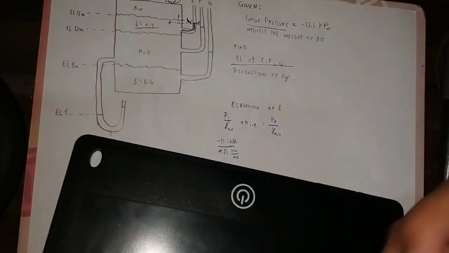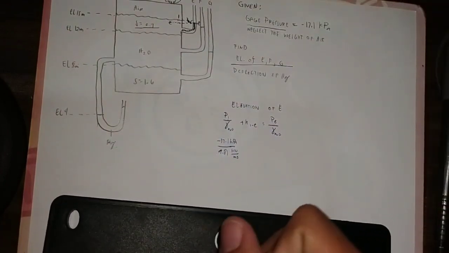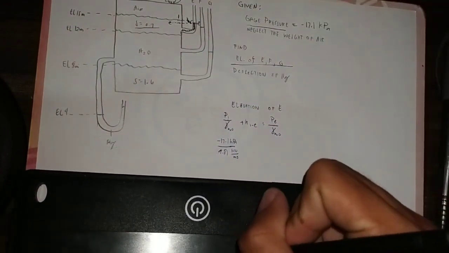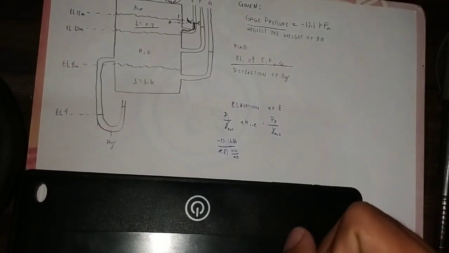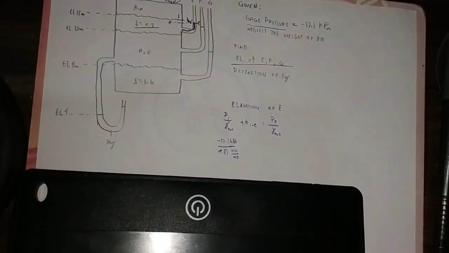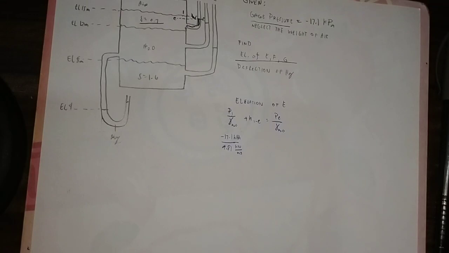Kilopascal can also be written as kilonewton over square meter, and kilonewton over cubic meter for the unit weight. Then we can cancel out the kilonewton and the square meter, and for the meter cube it's just meter, and then we move the meter up, which will give us the pressure head.